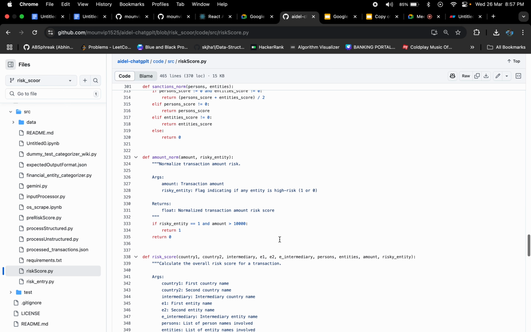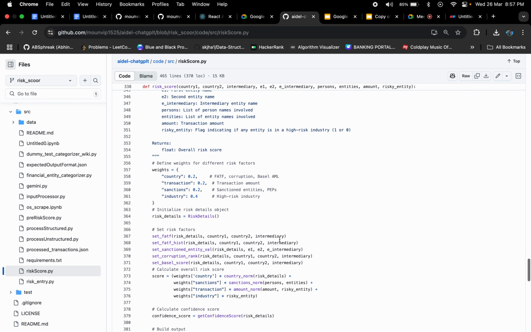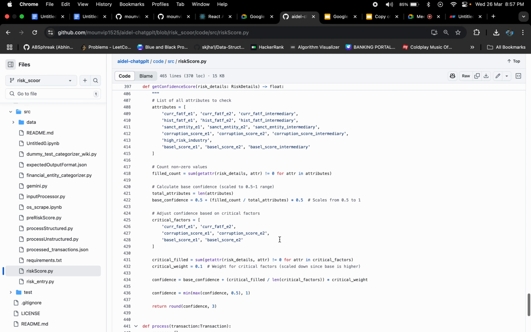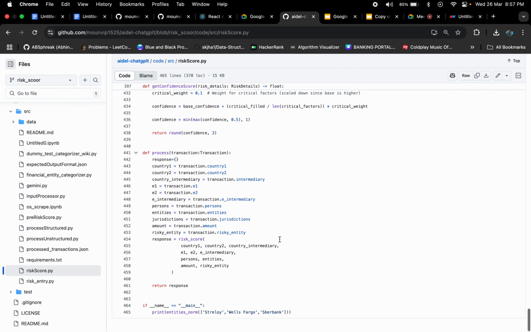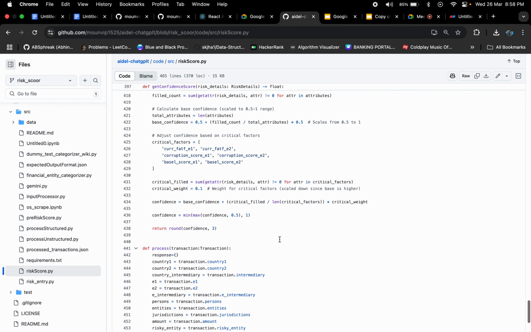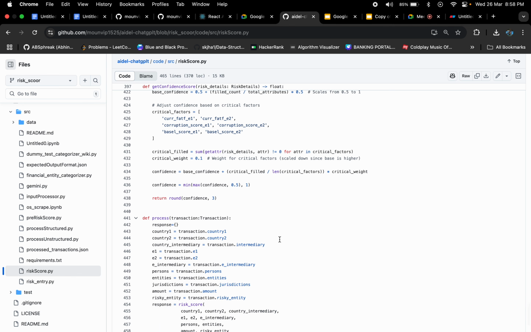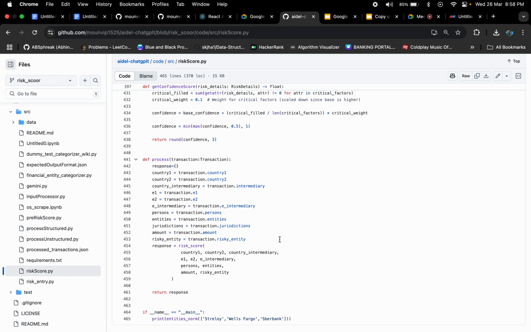So we have assigned weights for country specific parameters, entity specific parameters, and transaction related parameters, like the time of the transaction and the amount of the transaction, etc. Another important factor which we considered is the industry.